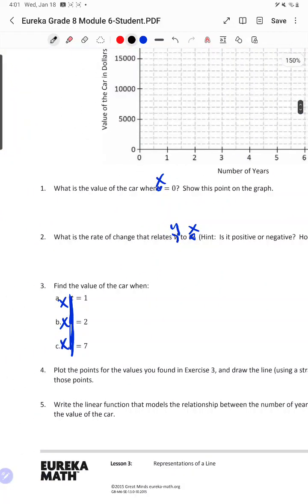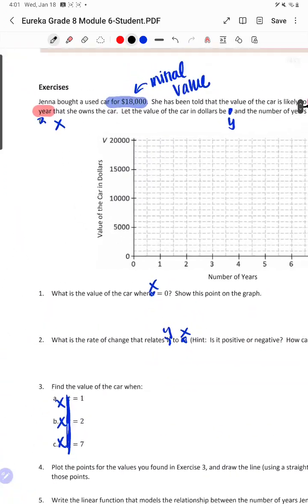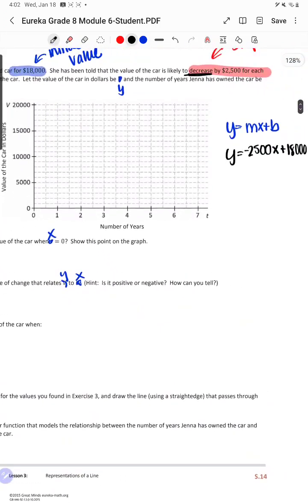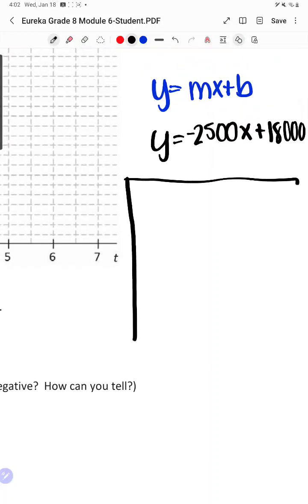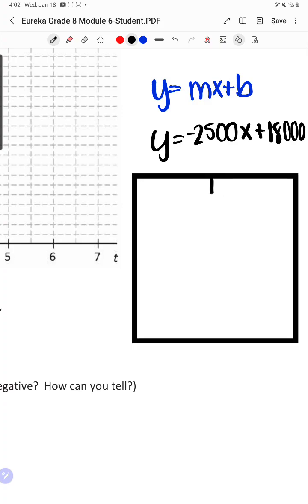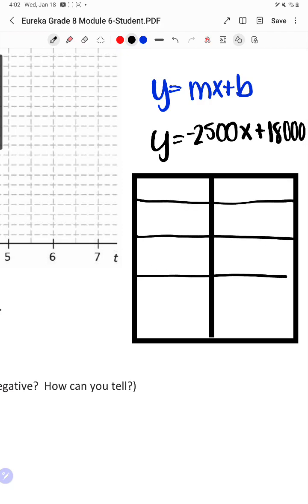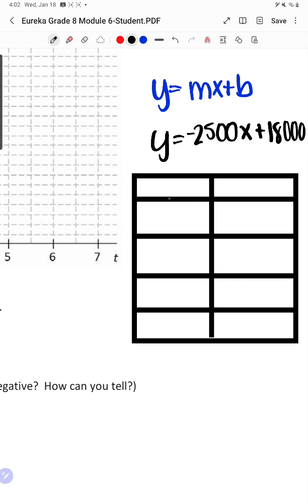All right, now it says, what is the value of the car when x equals 0? So I'm going to go ahead and create another table. And I'm going to have x and y.